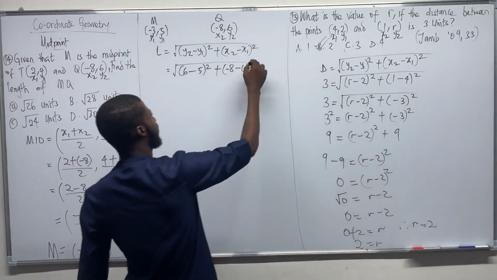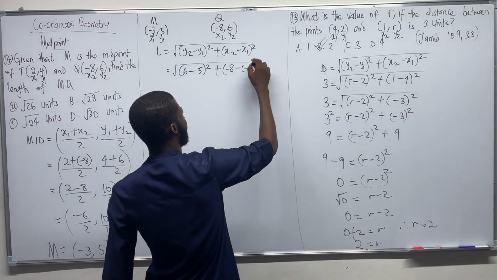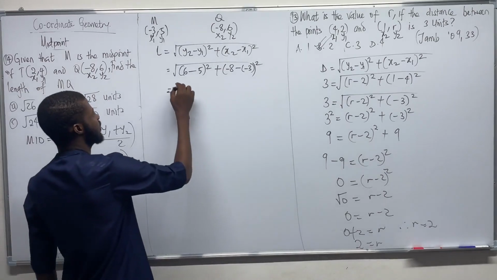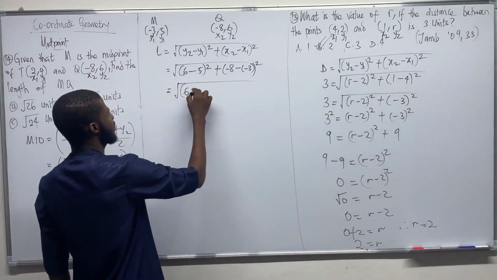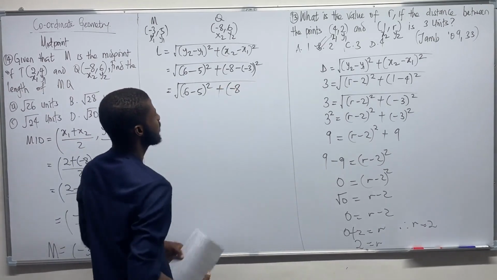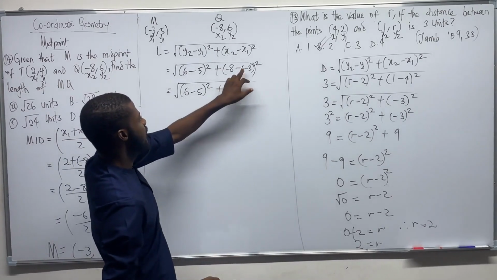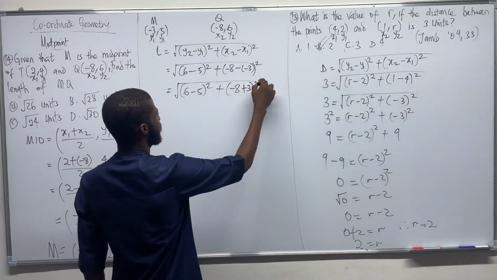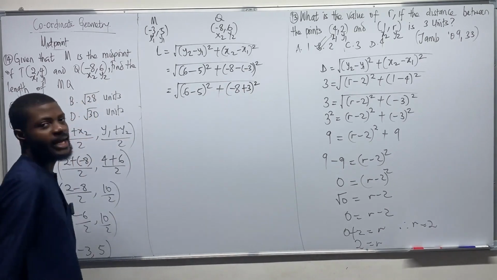Oh no, there's another bracket here. Okay. So say this is the square root of (6 minus 5) squared. Let me leave that one like that. Then this minus 8. Minus times minus is plus. So this is plus 3 squared. So that's what we have.